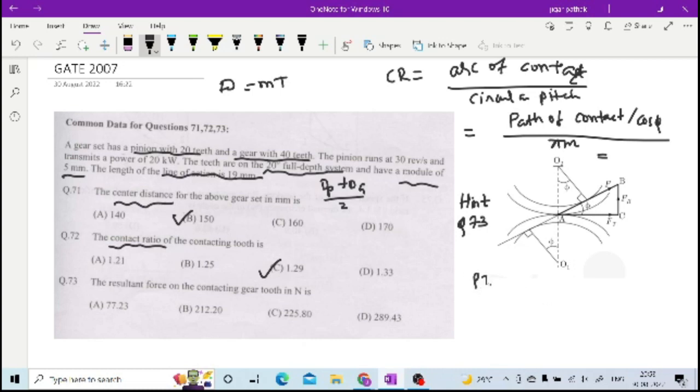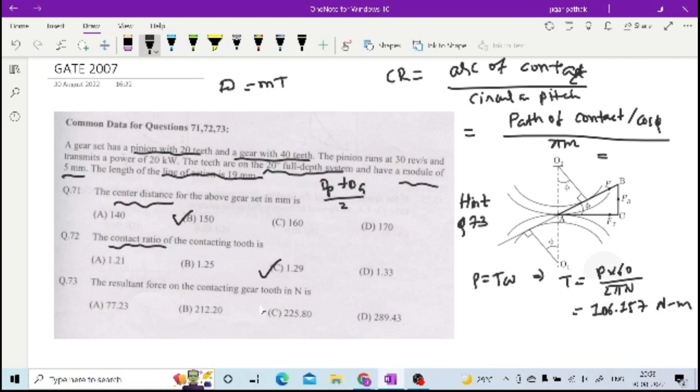So first what you have to do is power is equal to torque into rotational velocity, T omega, right? So T will be equal to P into 60 by 2 pi N. So once you do this, you will find your torque, that is 106.157 Newton meter.